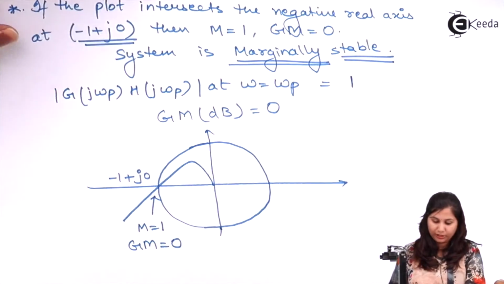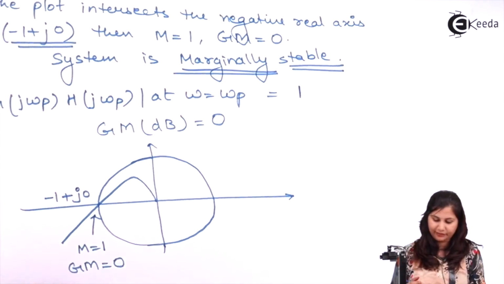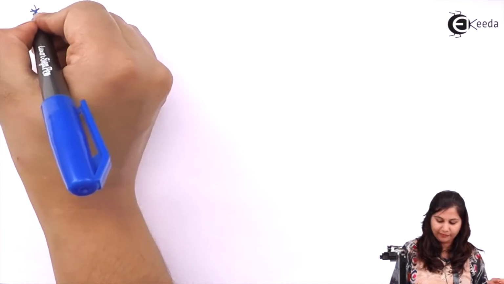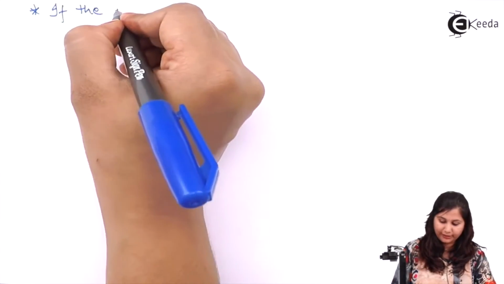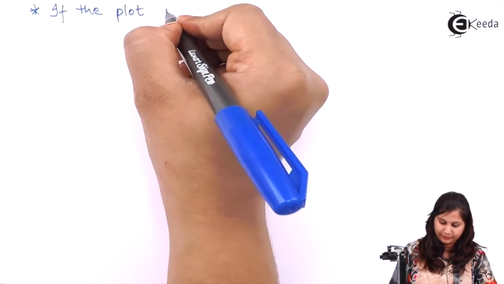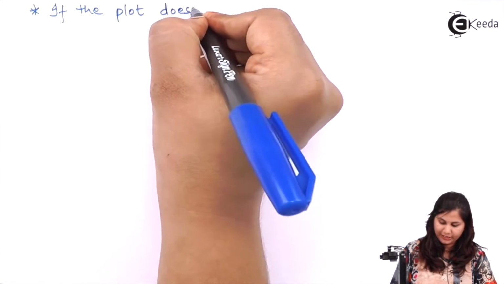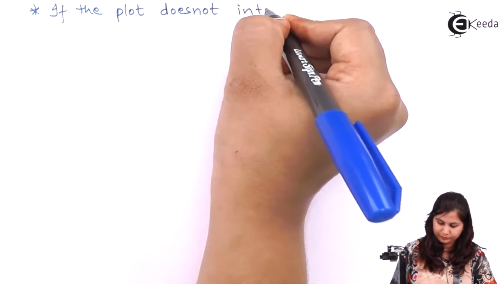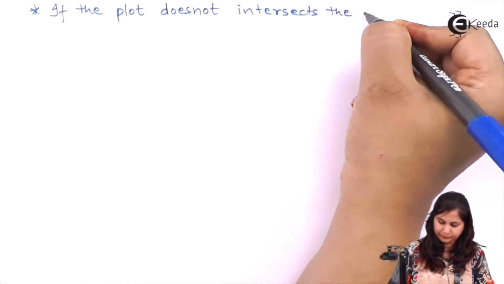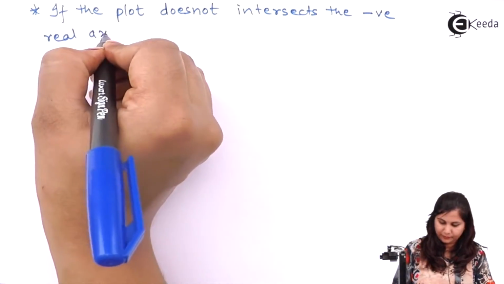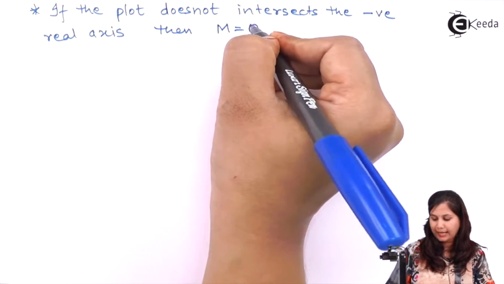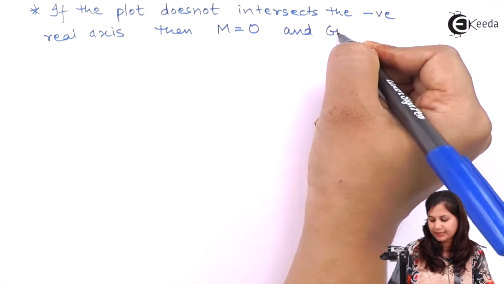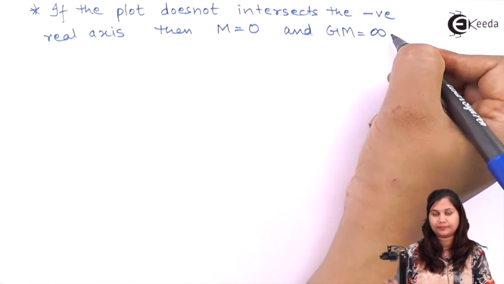Now, if the plot does not intersect the negative real axis, suppose we have a plot which is not intersecting the negative real axis, then magnitude is equal to 0 and the gain margin is infinity.